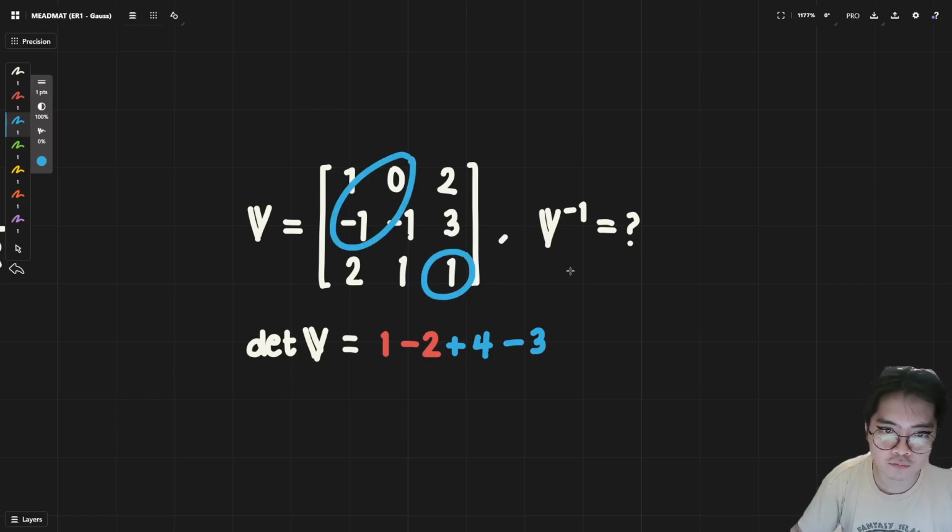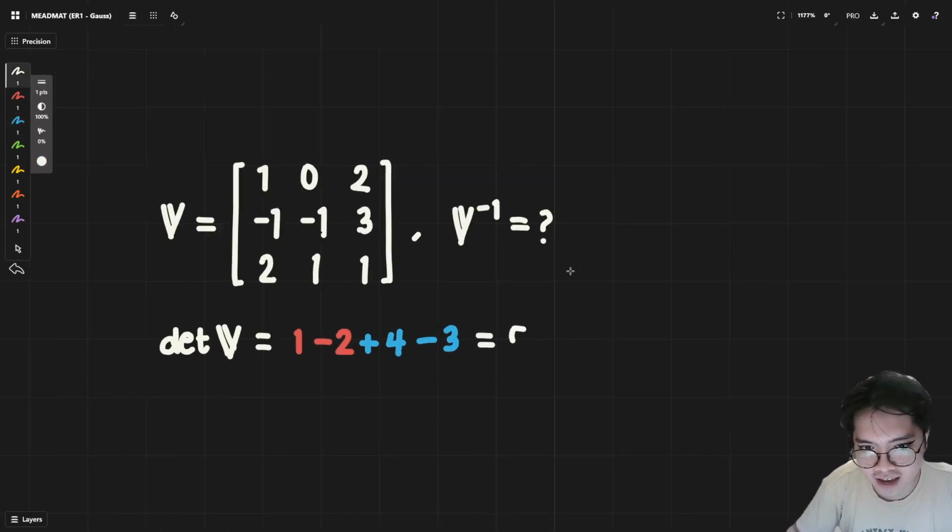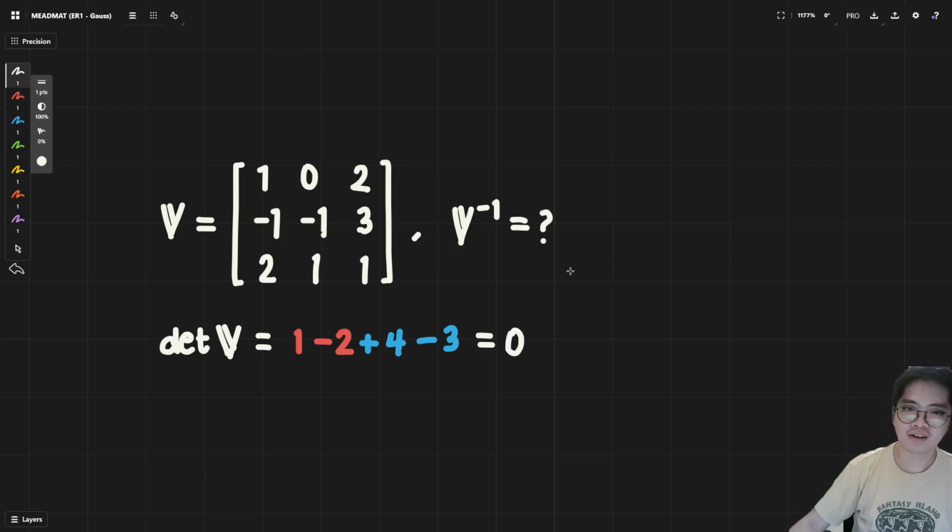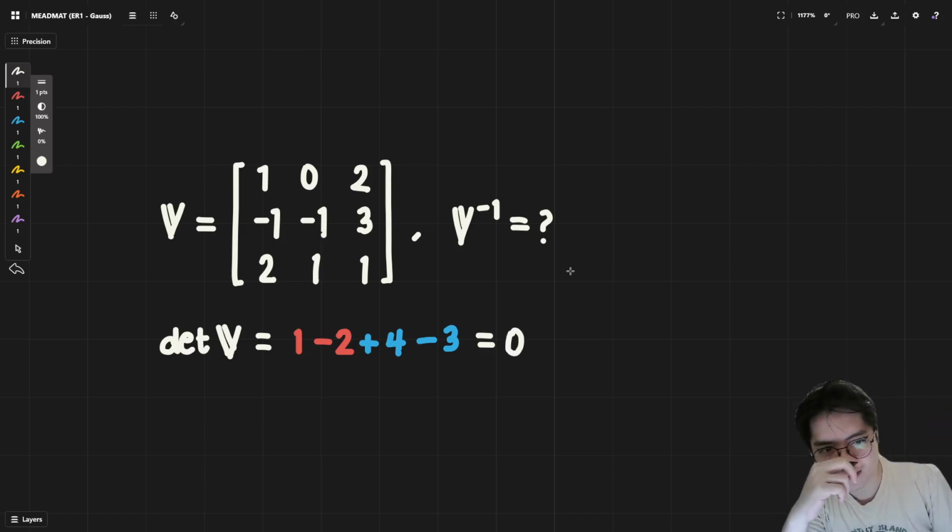And 0, negative 1, and 1, I'm not going to bother. And in this case, there's no determinant. So that means that there is no inverse.